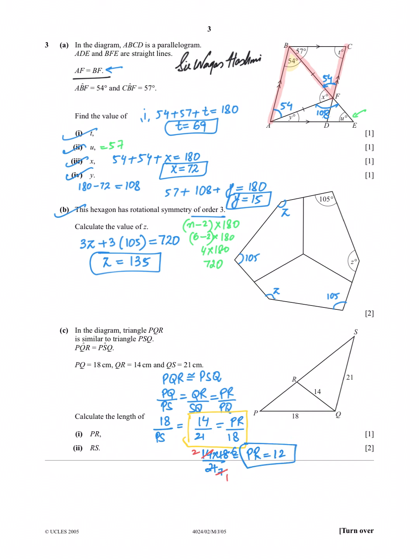For the next part it says RS, right? For RS, at first I need to find the value of PS, right? So for PS I will use the same expression, 18 divided by PS equals 14 divided by 21. And if I simplify here, 2 nines are 18 and 2 sevens are 14, similarly, 7 ones are 7, 7 threes are 21, and 3 nines are 27.